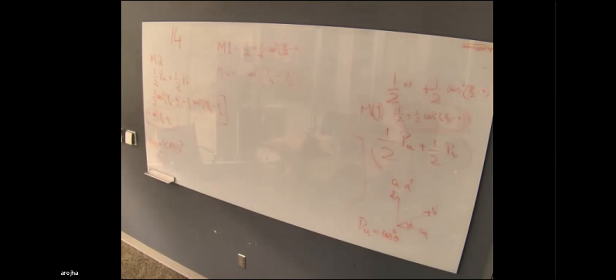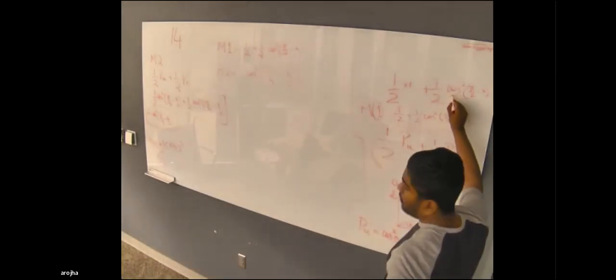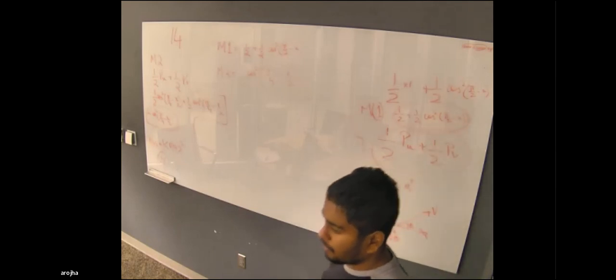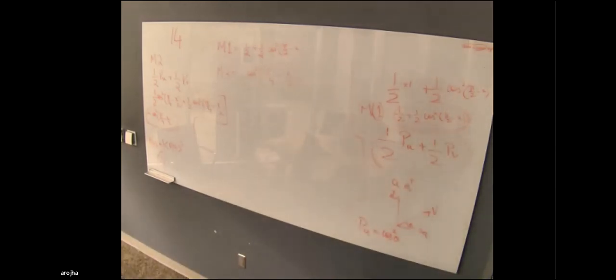Mr. Cosine squared here. Yeah. So where would I put the cosine? Oh, okay. 1/2 cosine squared. Right. Cosine squared. Yep.